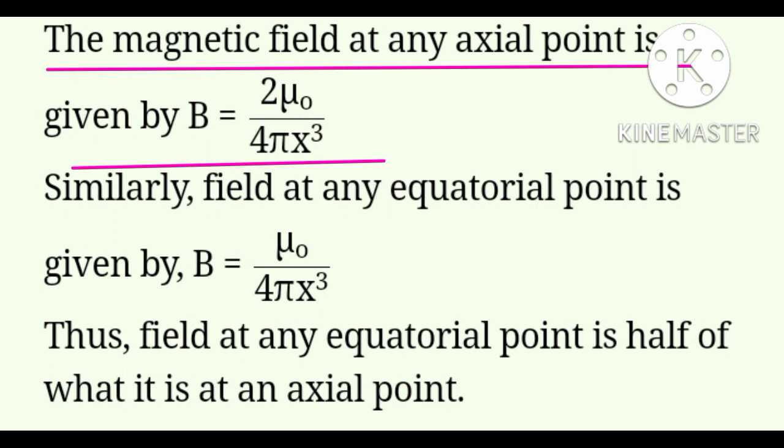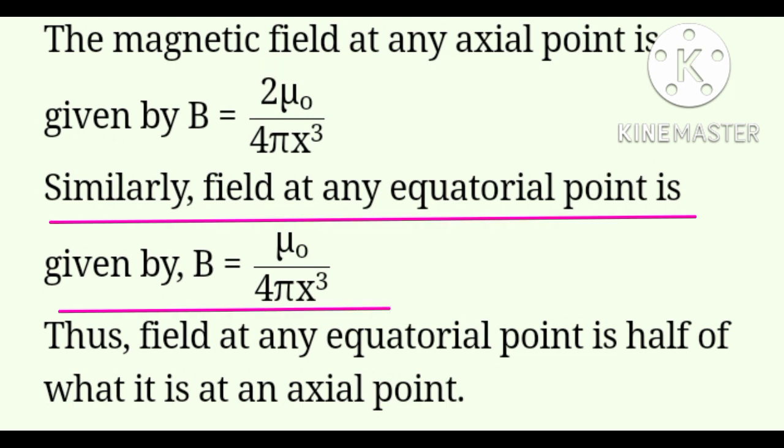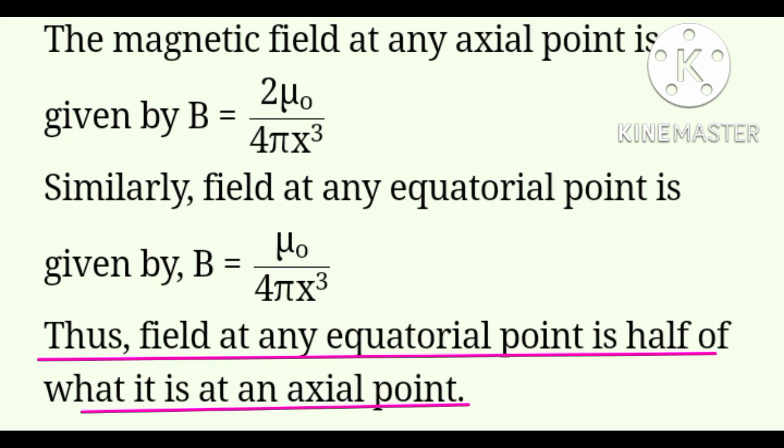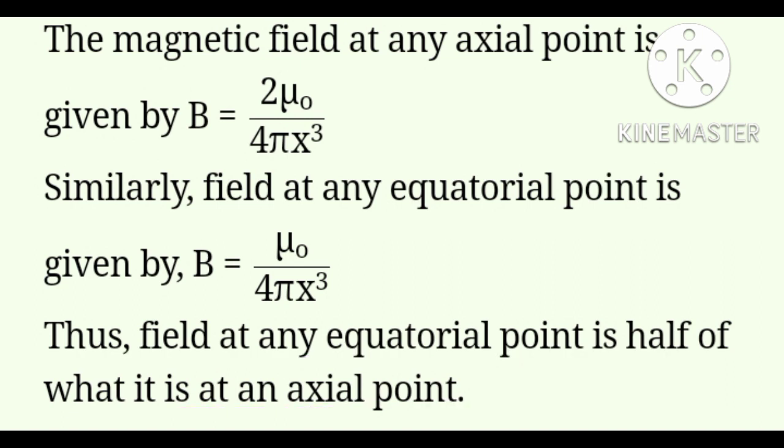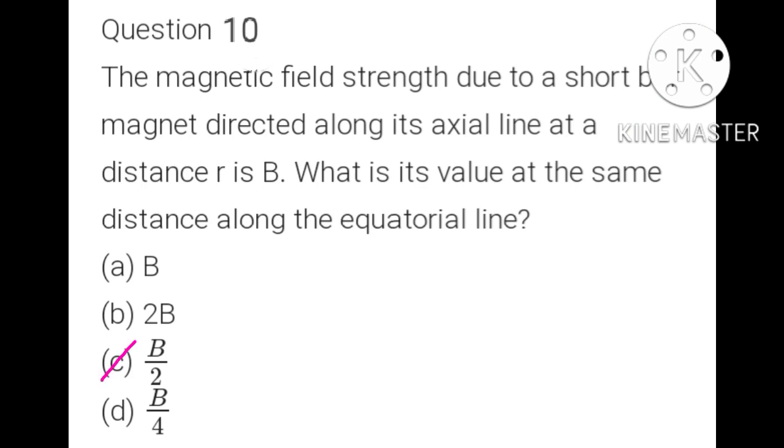We know that the magnetic field at any axial point is given by B equals 2 mu naught over 4 pi x cube, and similarly the field at any point on the equatorial line is given by B equals mu naught over 4 pi x cube. Thus the field at any equatorial point is half of what it is at an axial point. So in this case the field becomes half on the equatorial line. So here C is the correct option, B over 2.